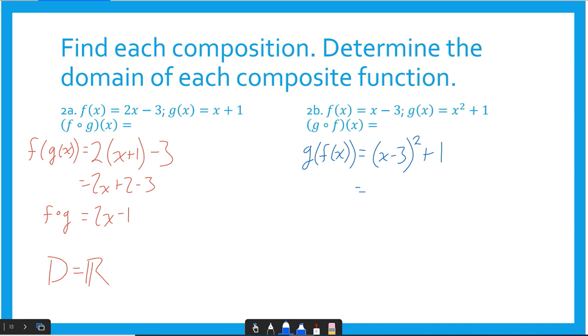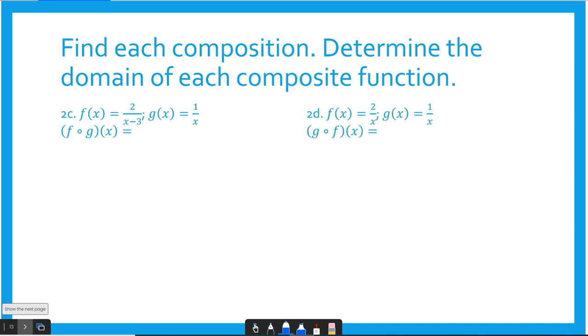So I need x minus 3 times x minus 3. So if we know our perfect squares, that's going to be x squared minus 6x plus 9. You can also use any method of binomial multiplication, plus 1. So when we simplify g of f, that's going to be x squared minus 6x plus 10. And again, this is a quadratic function, so we know that the domain is going to be all real numbers. Alright, go ahead and try these next two examples.